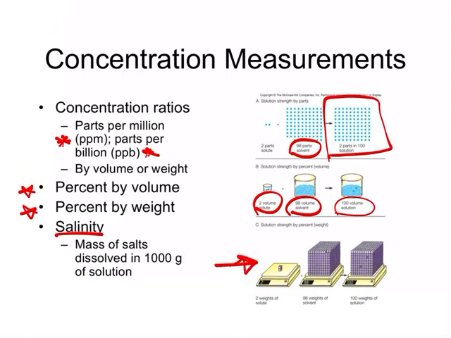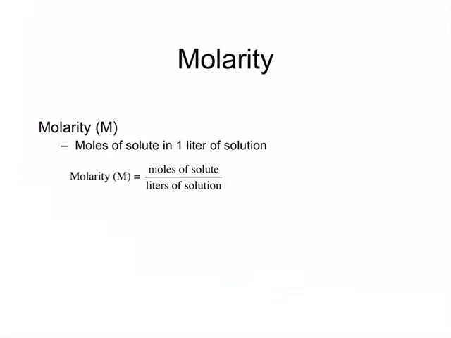And then salinity is basically this whole concept right here that I'm talking about up here, only with salt. So if you take 2 grams of salt versus 1,000 grams of solution.